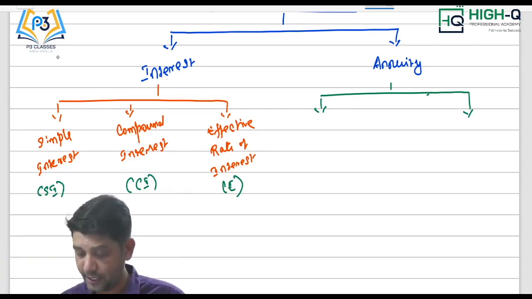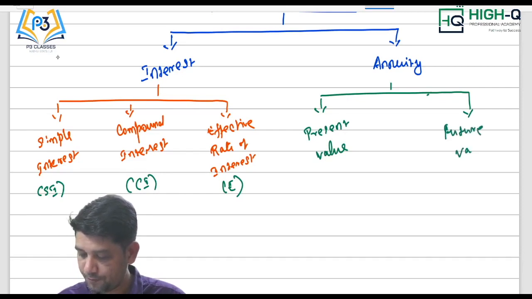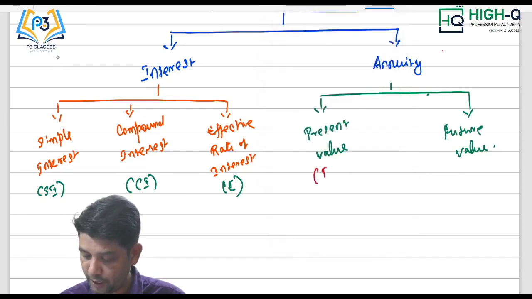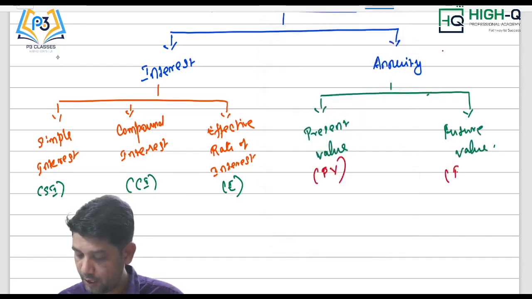As far as annuity is concerned, we are going to discuss two things: one is present value, the other one is future value.